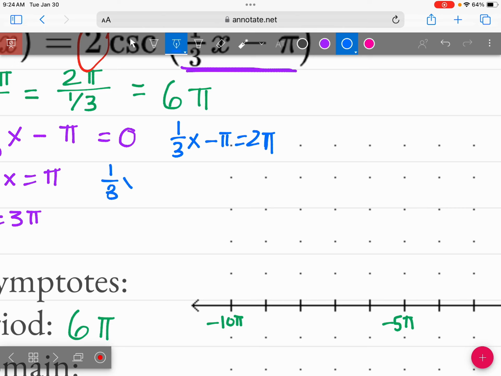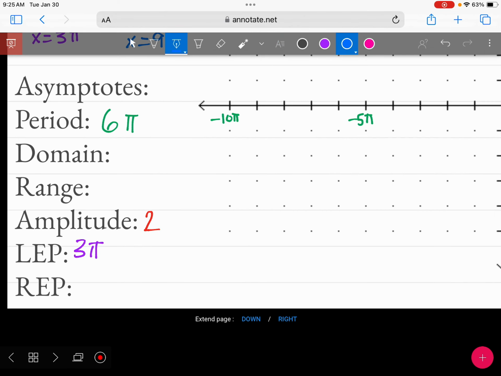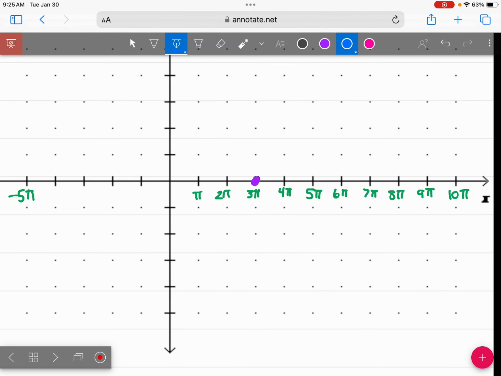So we have 1/3 x equals 3 pi. So where's our right endpoint? 9 pi. So our right is going to be 9 pi. And when we're graphing our sine, that's enough.